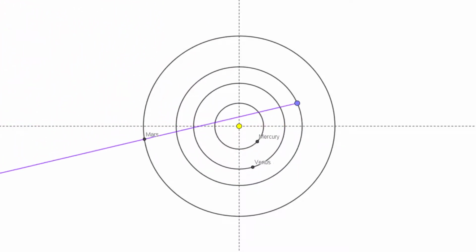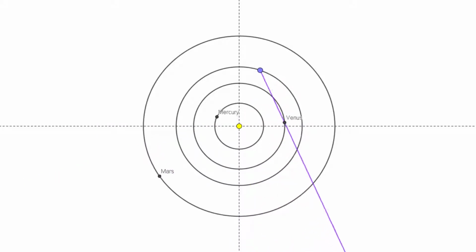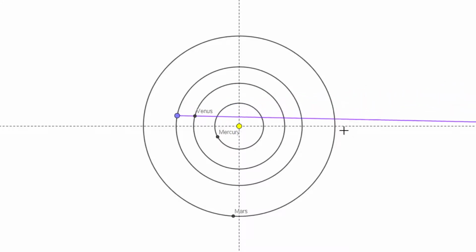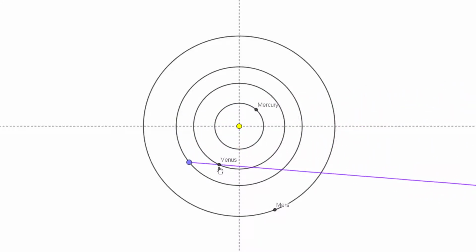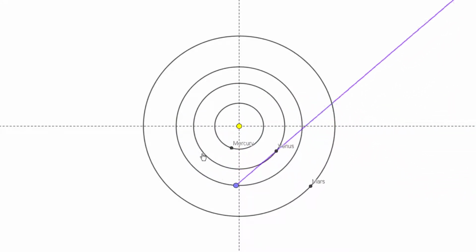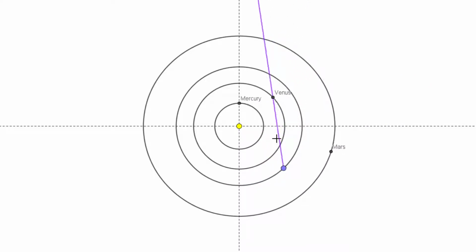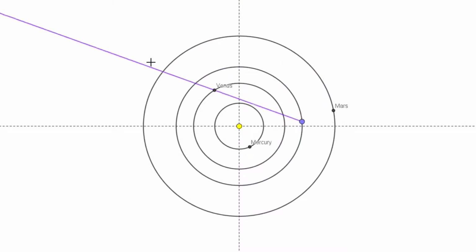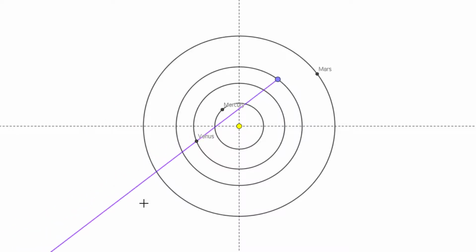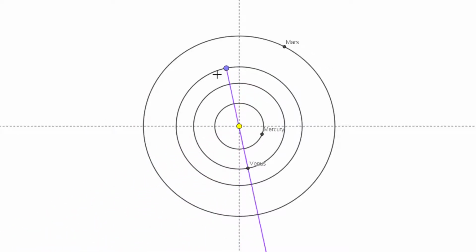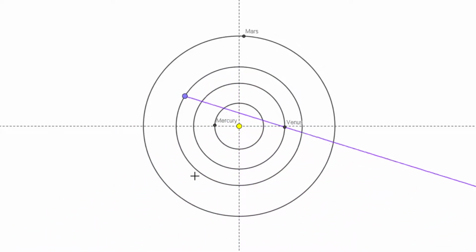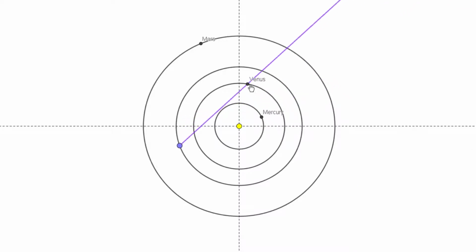Let's look at Venus instead. Now here we come around, and again counterclockwise, except right there. And notice in this case Venus is passing the Earth. If we keep on coming around, that line of sight is rotating counterclockwise, and Earth is going to catch up to Venus. Actually, no, Venus is going to catch up to the Earth.